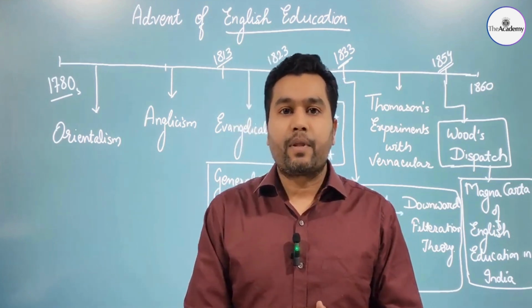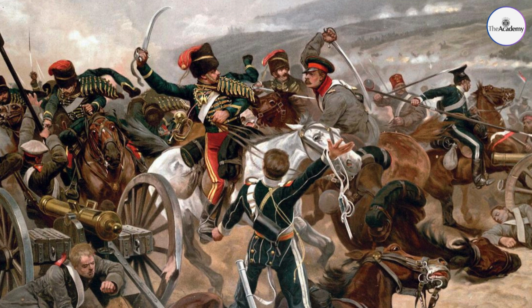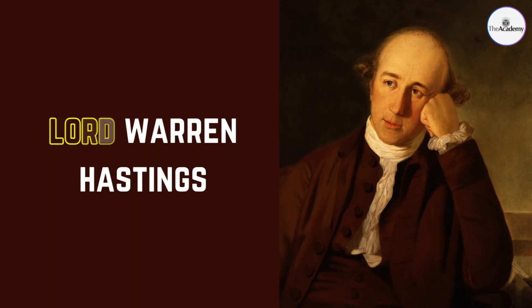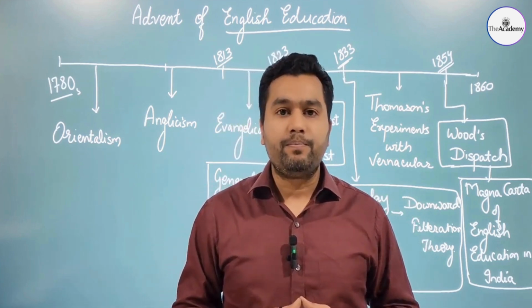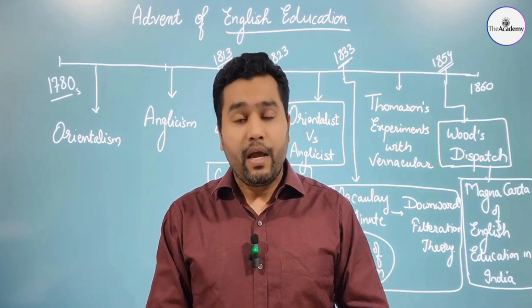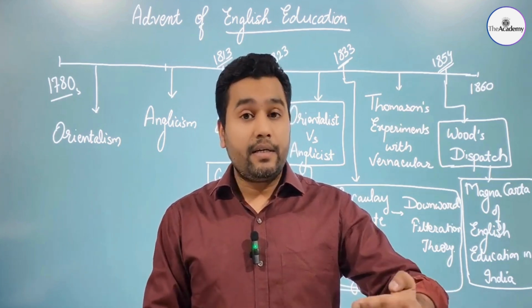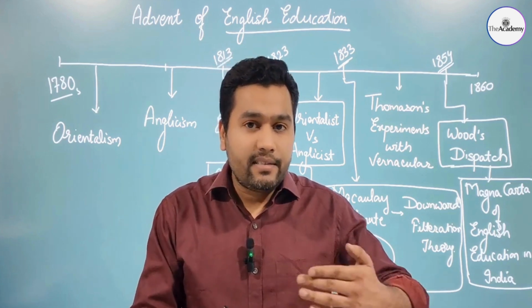We all know about the establishment of British rule and Warren Hastings becoming the first Governor General. When Warren Hastings became the Governor General, he resorted to a very pragmatic policy. He resisted attempts of Anglicists in Anglicizing Indians.